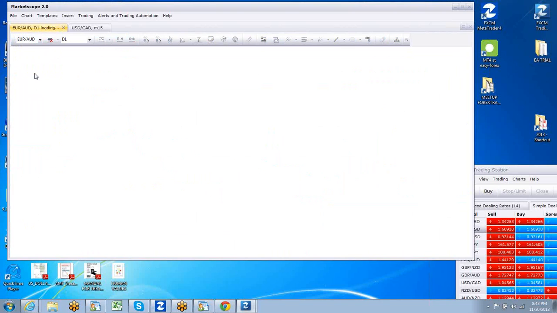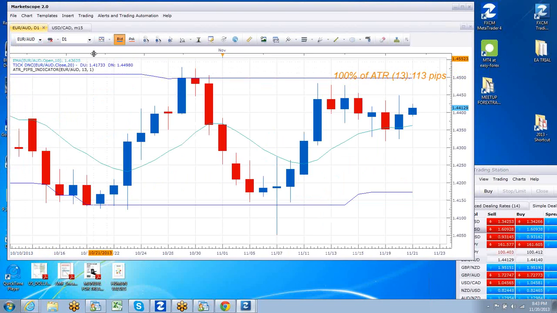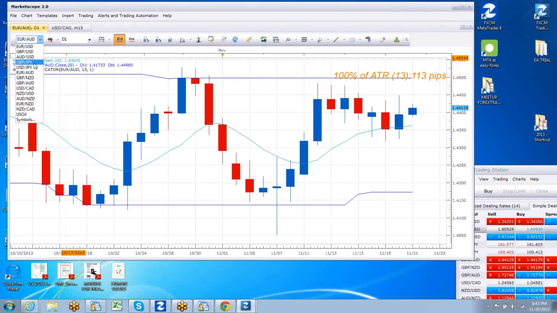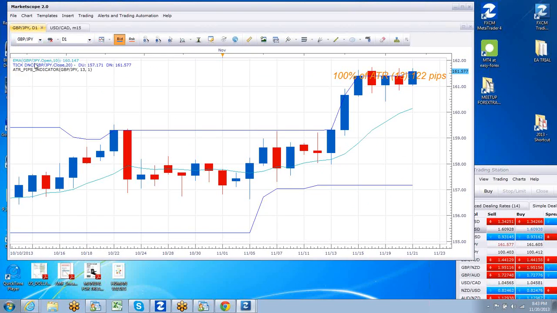AUD, Euro AUD, yeah. So these are the 4 major pairs which I found. One cross pair is with yen also. GBP yen, pound yen has 122 pips. So these are the major pairs which have too much movement.